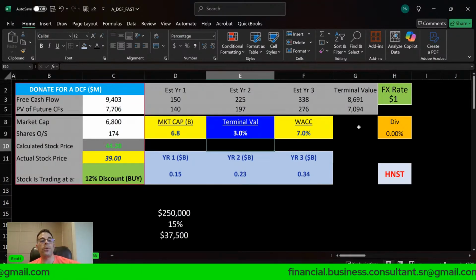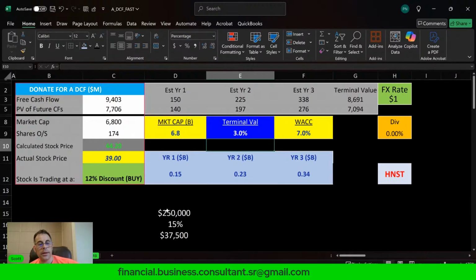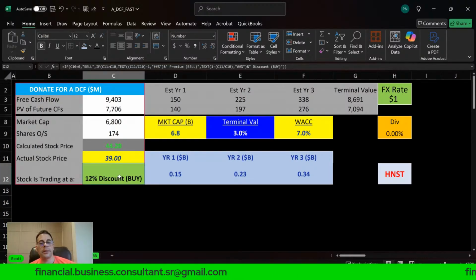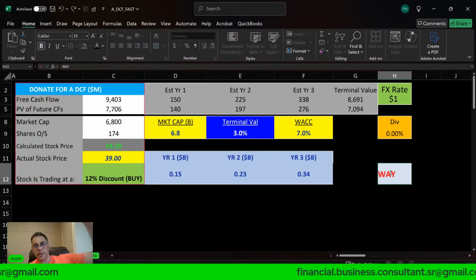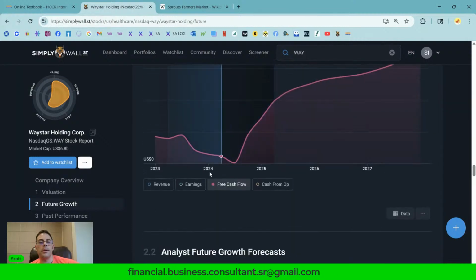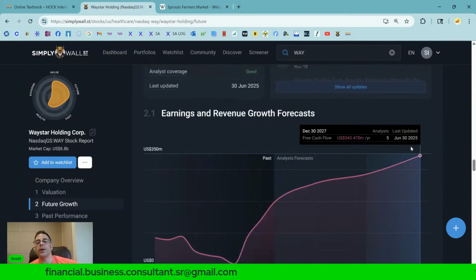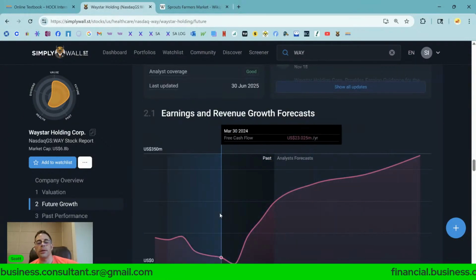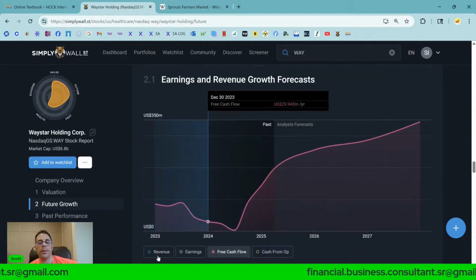Okay, so I'm at $44. They're trading at 39, so a 12% discount. Why is their future expected to grow so much? They didn't have that much free cash flow in the past.